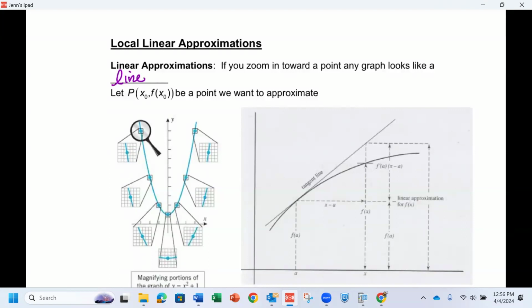So when we did our linear approximations, remember we started by writing the equation of a tangent line. Notice the picture that I'm giving you, this tangent line right here is above the curve. That happens when your curve is concave down. So when we are looking at whether or not our approximations are over or under, if it's concave down, the tangent line is going to be above the curve, which means that when you look at a point on the line, we have an x and a y value.